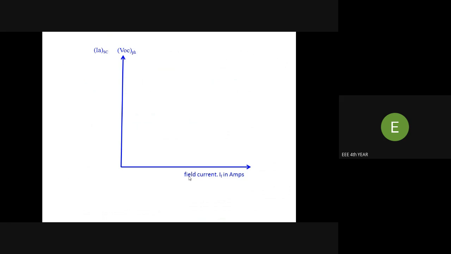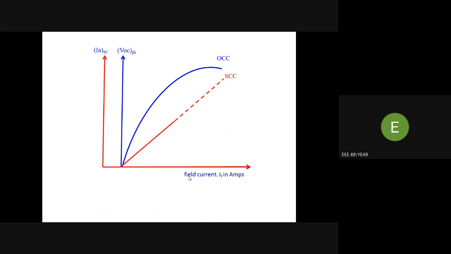Here is the characteristic curve. On the x-axis the field current is taken, and on the y-axis the no load induced EMF per phase. This is the open circuit characteristic curve. We conduct the open circuit test and draw it. Then on the y-axis we take the short circuit armature current, so from the short circuit test we can draw the short circuit characteristic curve.